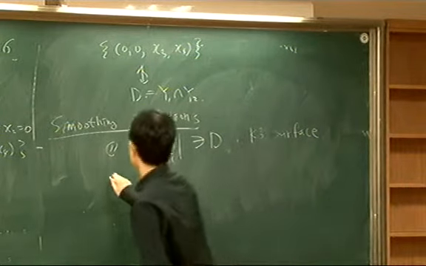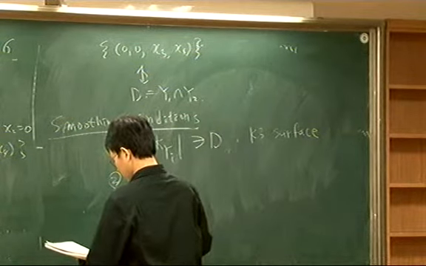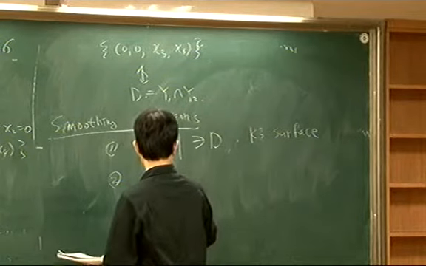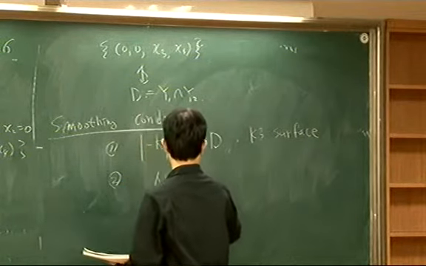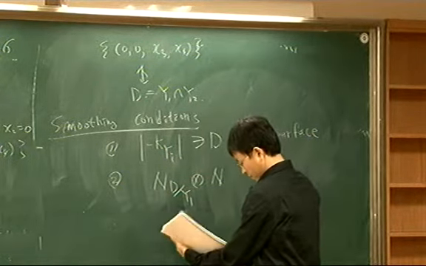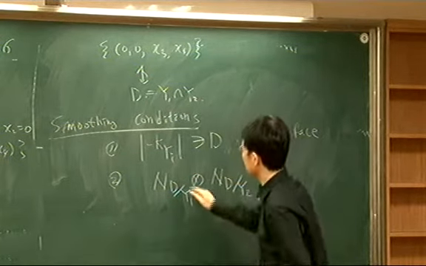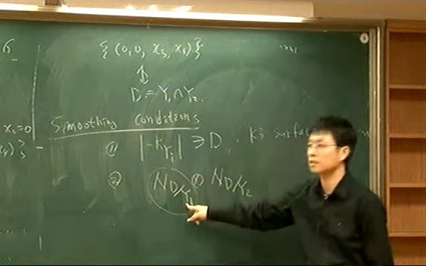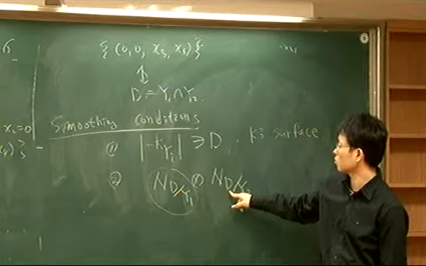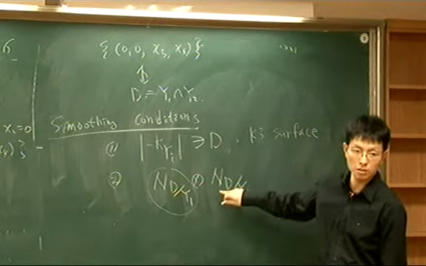The second condition is called semi-stability. Take the normal bundle of D inside Y1 and the normal bundle of D inside Y2. Both are line bundles on D, and you can take their tensor product.